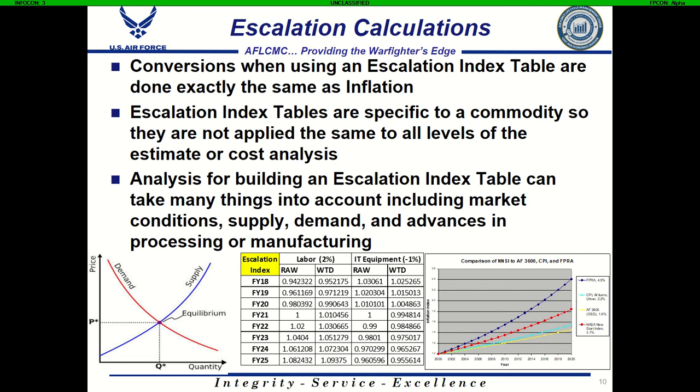Because IT equipment is actually getting cheaper, not more expensive, unlike the value of the dollar. And there's just a comparison chart here as well, just to illustrate that if you don't take escalation into account, we could be dramatically underestimating. Depending on how far into the future we are estimating, we want to make sure we account for these as best we can.